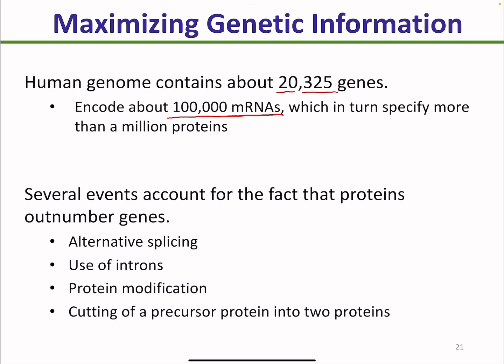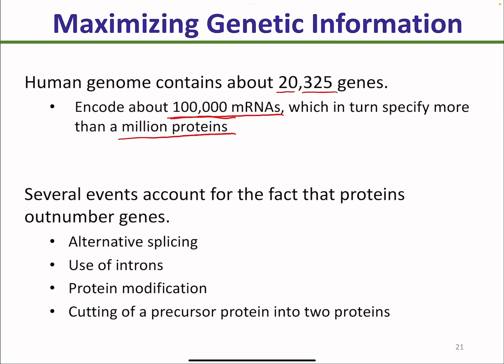One can wonder, wait a minute, the extra messenger RNAs, where are they coming from? Now, eventually, we are going from more than 100,000 messenger RNAs to more than 1,000,000 proteins.